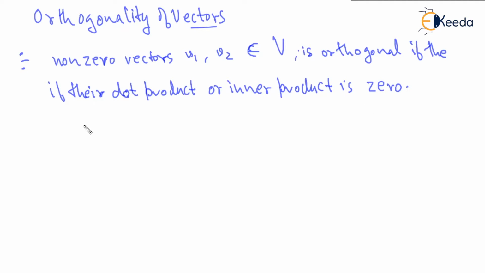So this can be given as v1 transpose into v2 equal to 0.